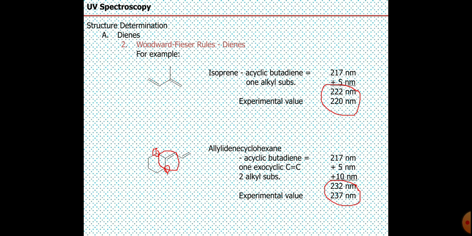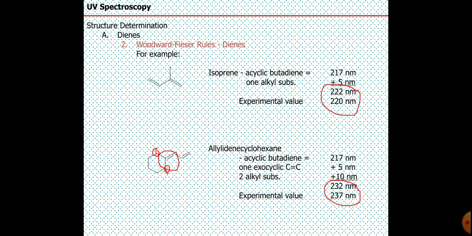So this plus 5 and 217 makes 222 nanometer, which is the calculated value for this isoprene, and the experimental value for this isoprene is found to be 220 nanometer, which is in good agreement with this calculated value. So you can see the calculated value and the experimental value are nearly similar. In this way we can calculate the lambda max value for acyclic dienes.